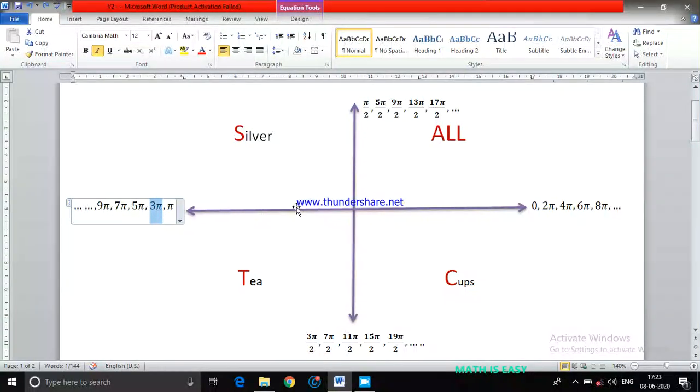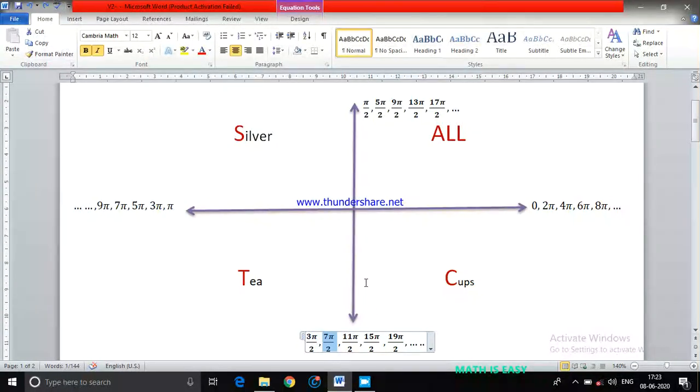Then 540 plus 90 is 630. 630 can be written as 7 pi by 2.